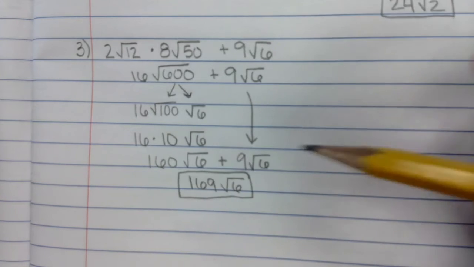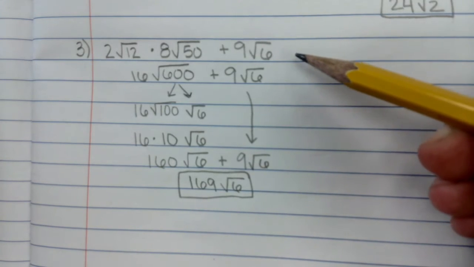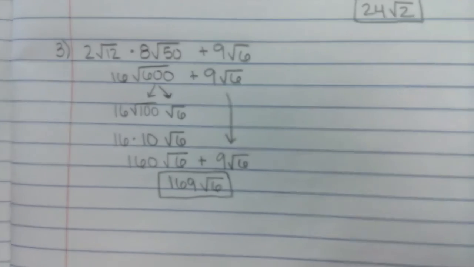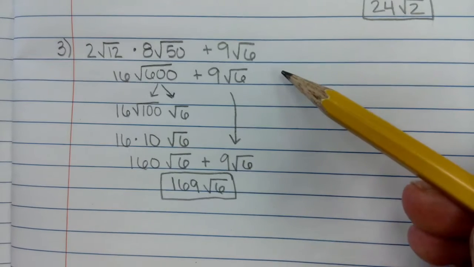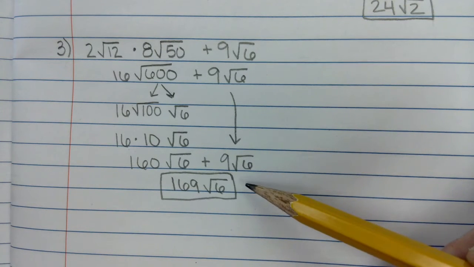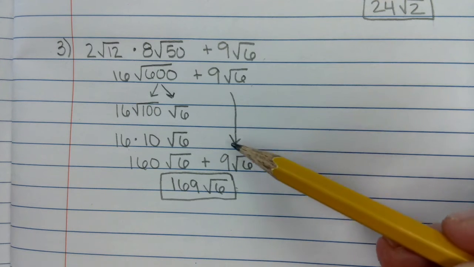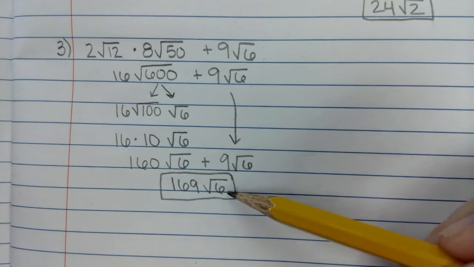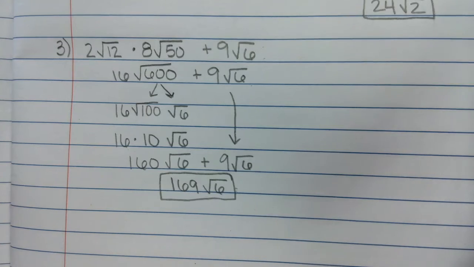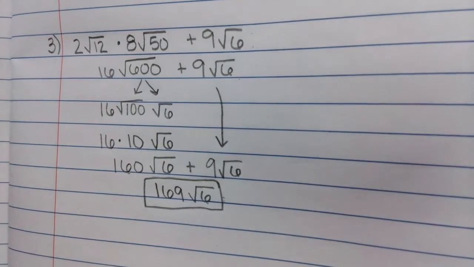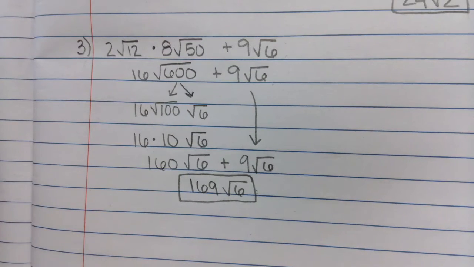Number 4, we have the square root of 2 times the quantity of. Uh-oh, what does that mean? When you hear that word quantity of in math, what do we use? We use numbers. You're right. Quantity means like an amount.